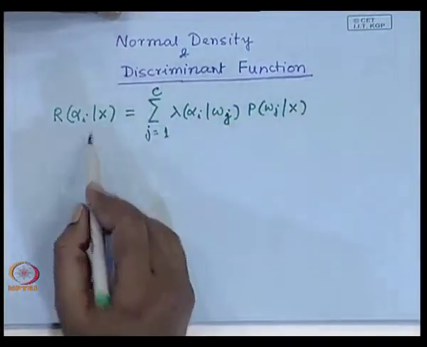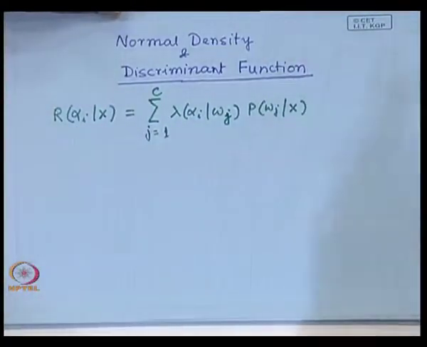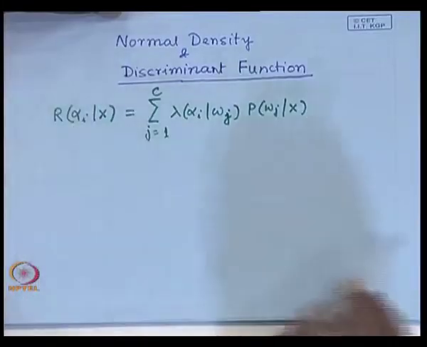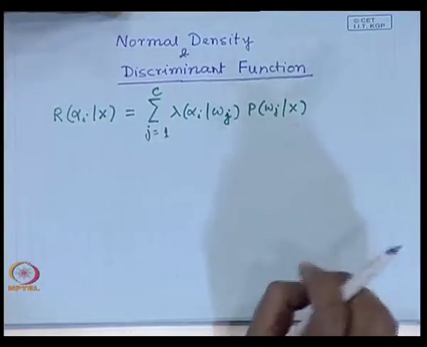Okay. So, for each action alpha I, when I have say p number of actions in my system, then there will be p number of such risk functions computed, and that corresponding action alpha will be taken for which this risk function is minimum. So, that is what is Bayes minimum risk classifier.